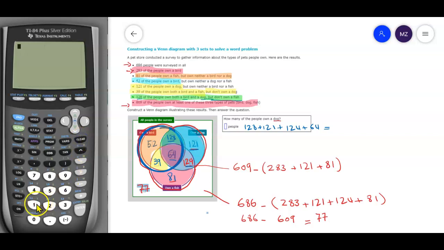So let's put it in the calculator: 128 plus 121 plus 124 plus 64, and enter. So it's going to be 437, and this should be your answer. Okay, I hope this helps.